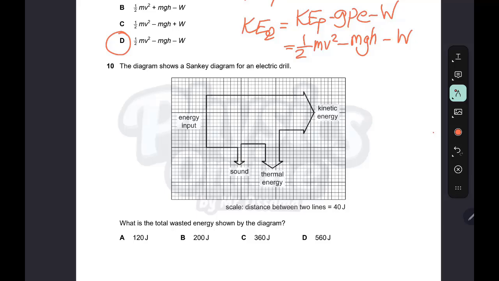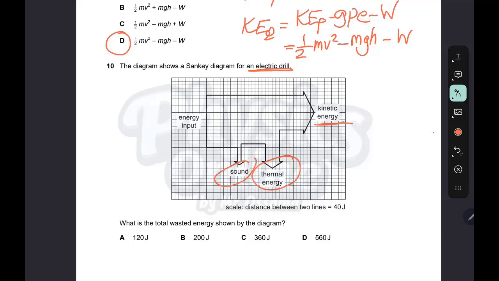Okay, the scale distance between two lines is 40 joules. The waste energy here is the thermal energy and the sound energy. This is the useful energy, kinetic energy. We are talking about an electric drill, so we need kinetic energy. Thermal energy and sound energy are not required, so these are the wasted energy.